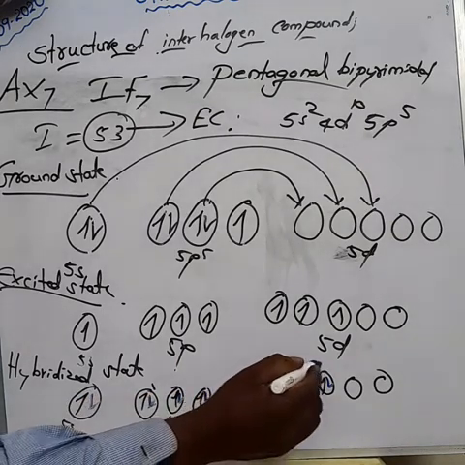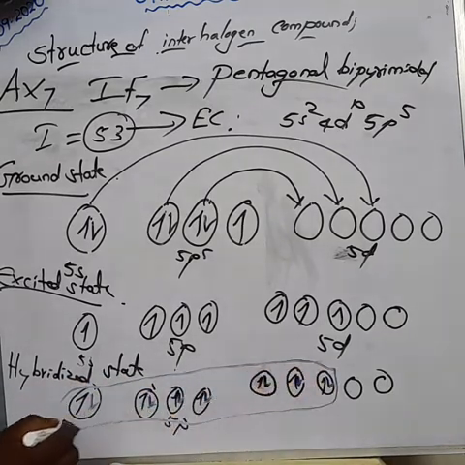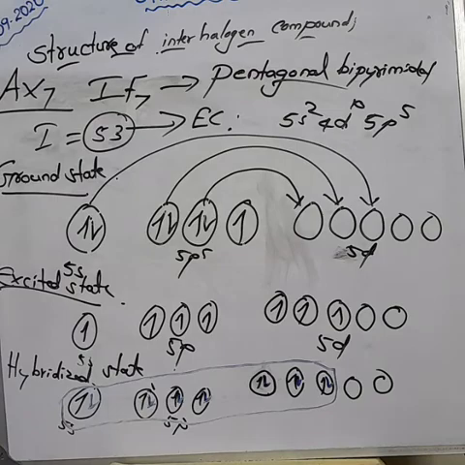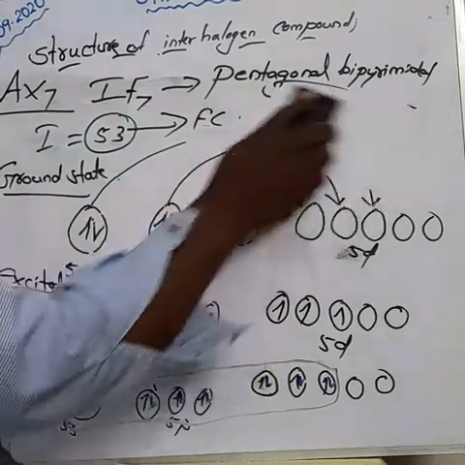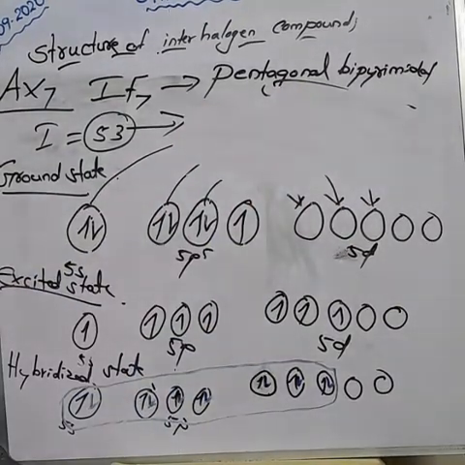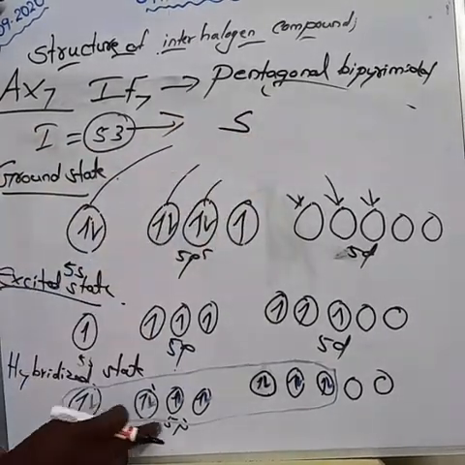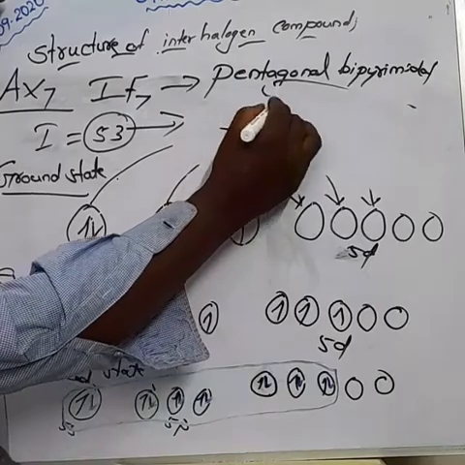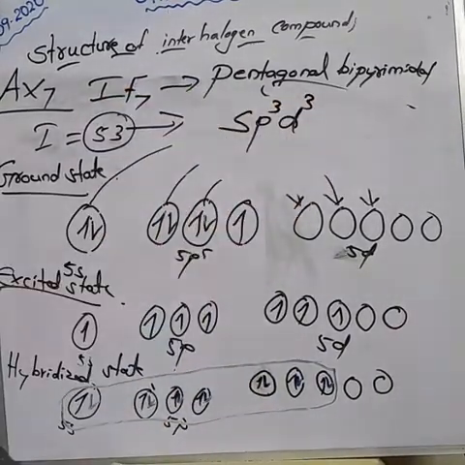So can you say what is the hybridization? One s orbital. How many p orbitals are there? 3 p orbitals. How many d orbitals? 3 d orbitals. Am I right?